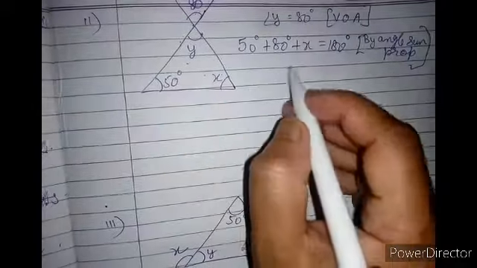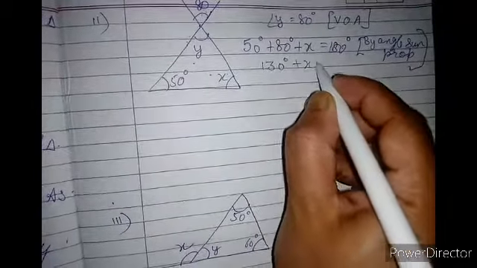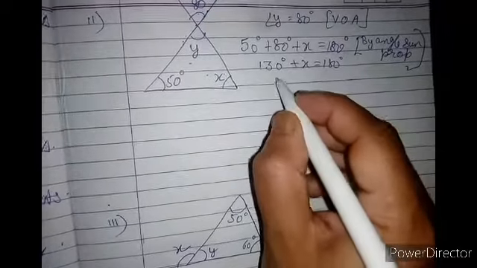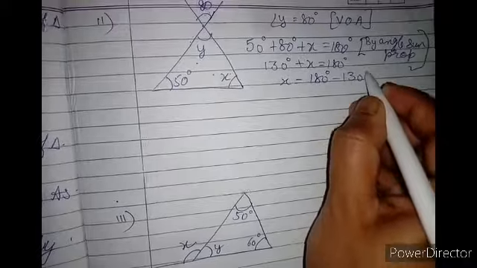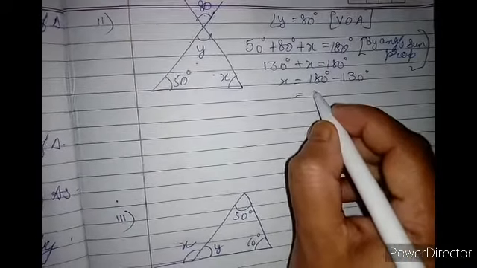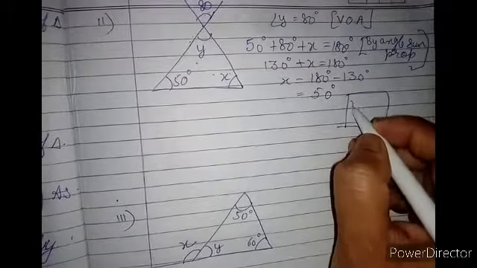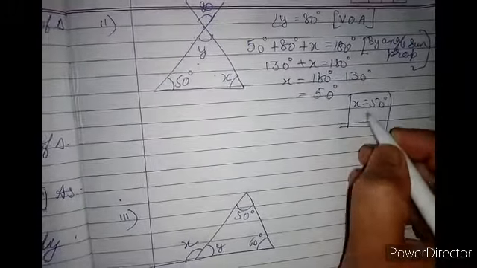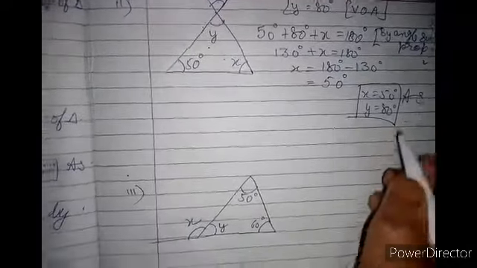When we add 80 plus 50, we get 130 degree plus x is equal to 180 degree. When we shift this 130 degree to the right hand side, we get x is 50 degree. So both the angles we have got: x is 50 degree and y is equal to 80 degree is the answer.